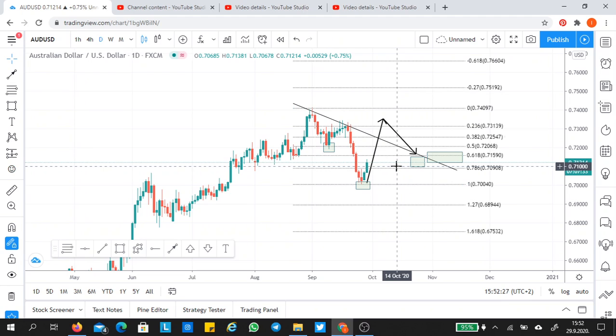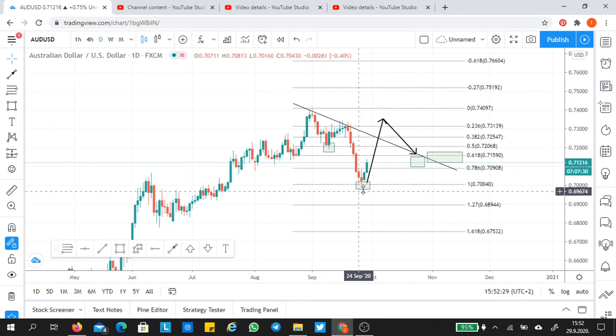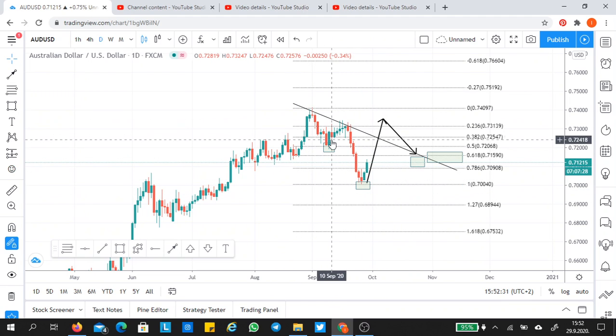So this is the bullish scenario. The bearish scenario I already showed you, and that's pretty much everything regarding Aussie.